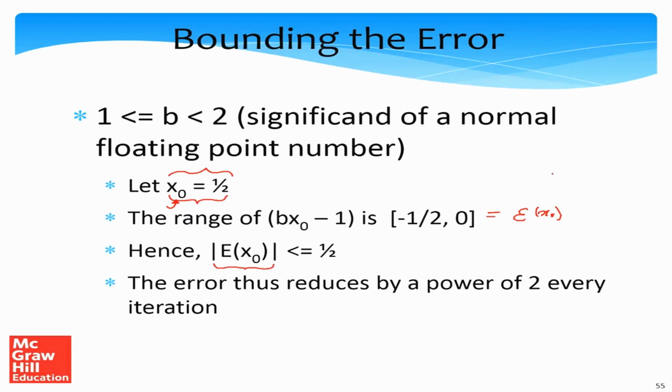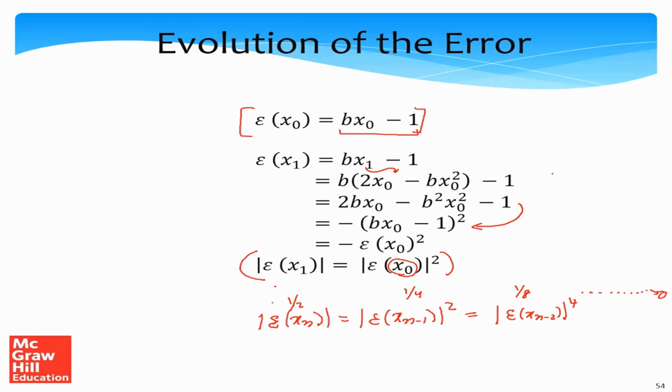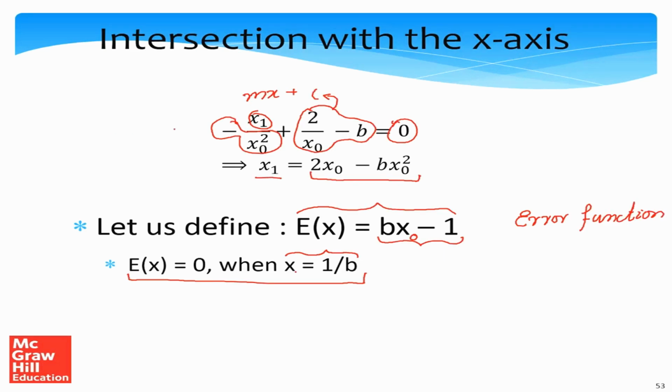And in each iteration, what do we do? We compute a new value of x. The way we compute it is x1 is equal to 2x0 minus b x0 square, or alternatively any xn is 2 times x n minus 1 minus b x n minus 1 square. So there are only multiplications and subtractions here.